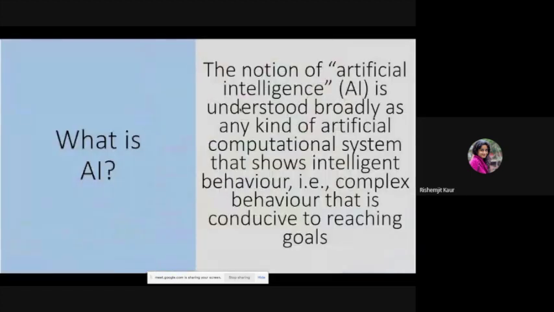So if I talk about what is AI, the formal definition, then we can just say that it is broadly understood as any kind of artificial computational system that shows intelligent behavior, which is complex behavior that is conducive to reaching goals. So when we talk about this, we do not restrict intelligence to what would require intelligence if it is done by humans, right?